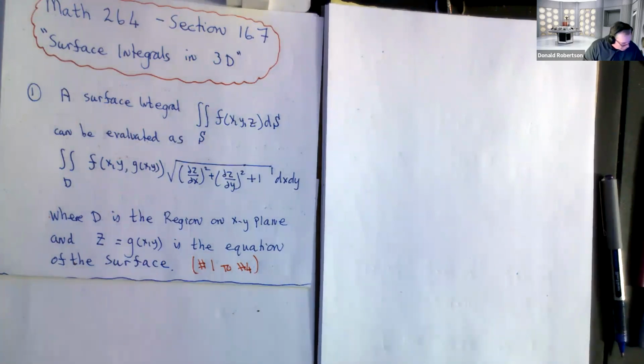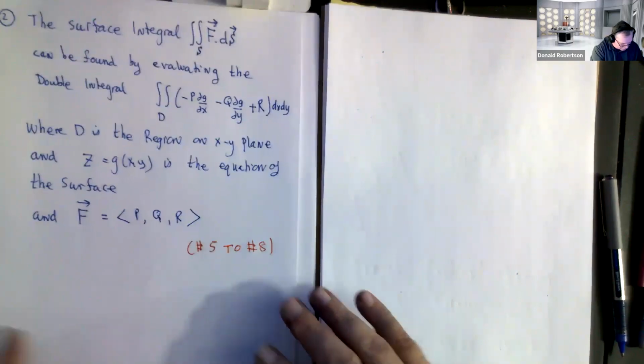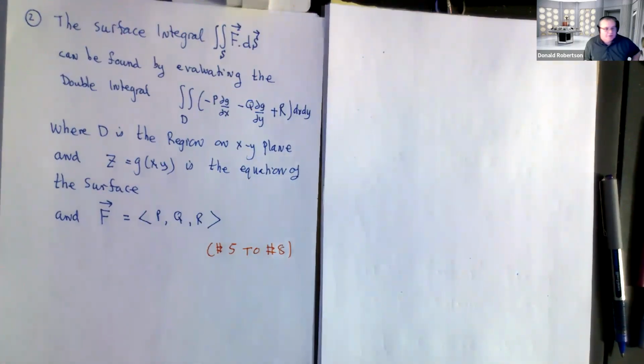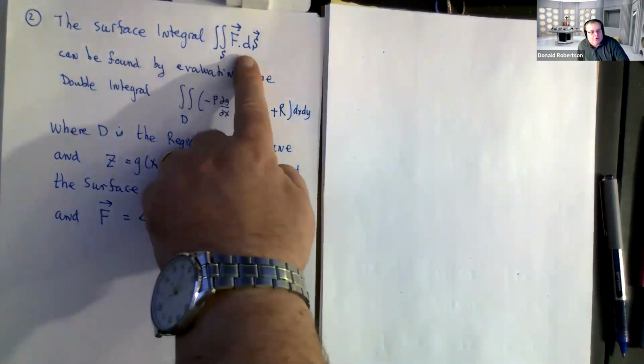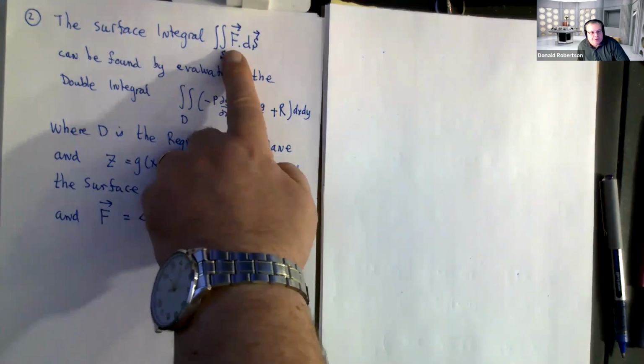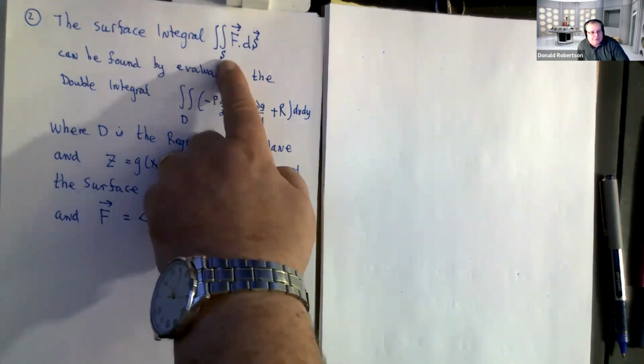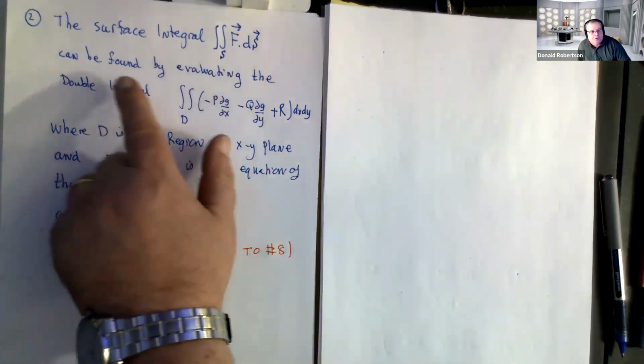Now, we are finished with that kind of surface integral, and we're now going to replace it by the next 4 questions. The surface integrals are going to look like this. You're going to be told what F is, and you're also going to be told what the surface is.